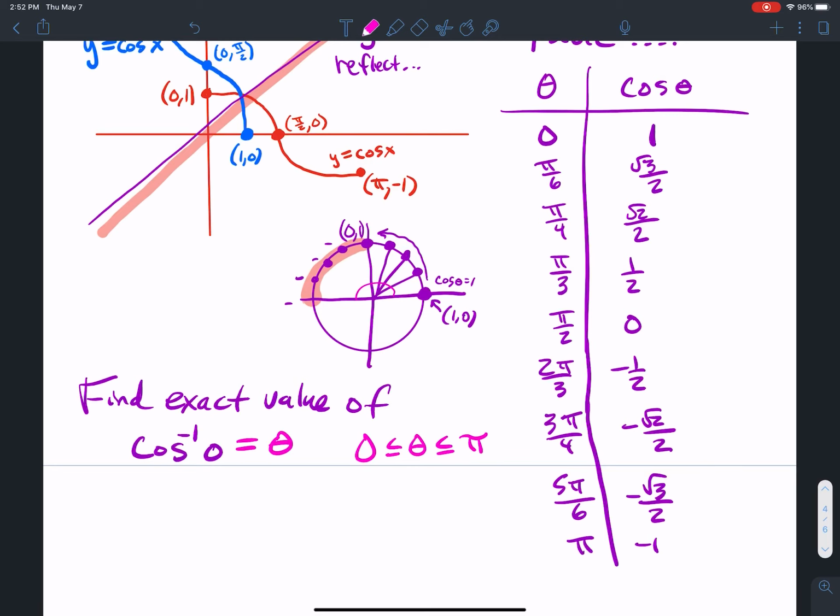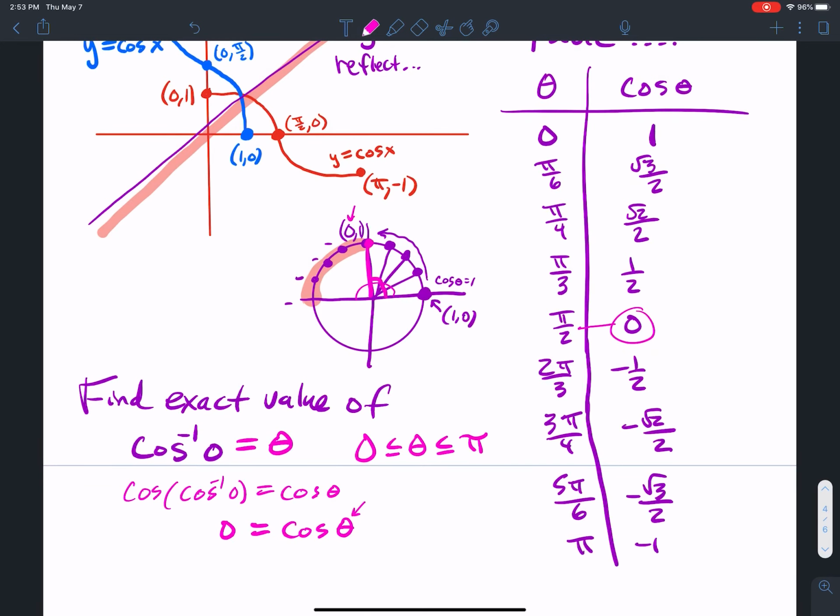Now, if I do cosine on both sides, I get cosine of cosine inverse 0 equals cosine theta. So 0 equals the cosine of theta. What does that tell me? What can I plug in for theta that's going to get me 0? Well, an x value of 0 would be pi over 2.